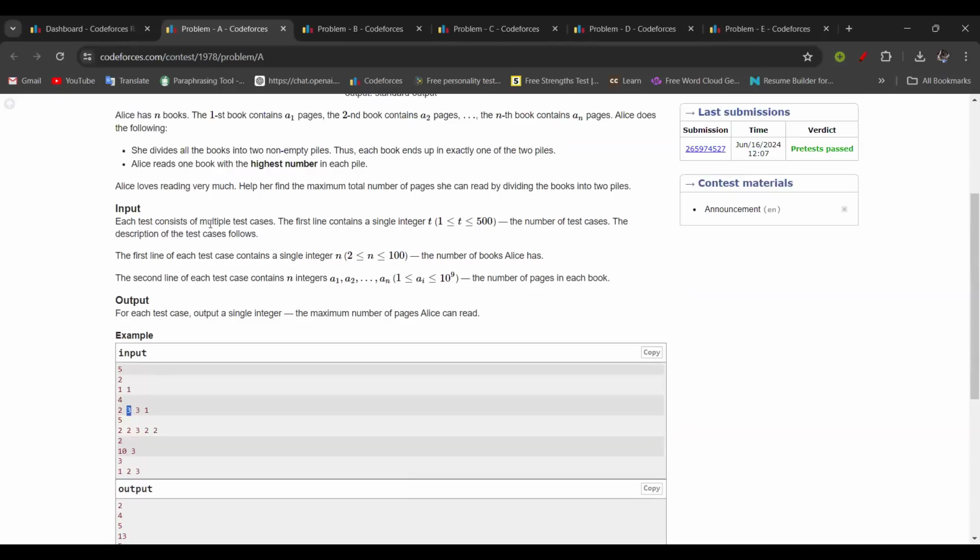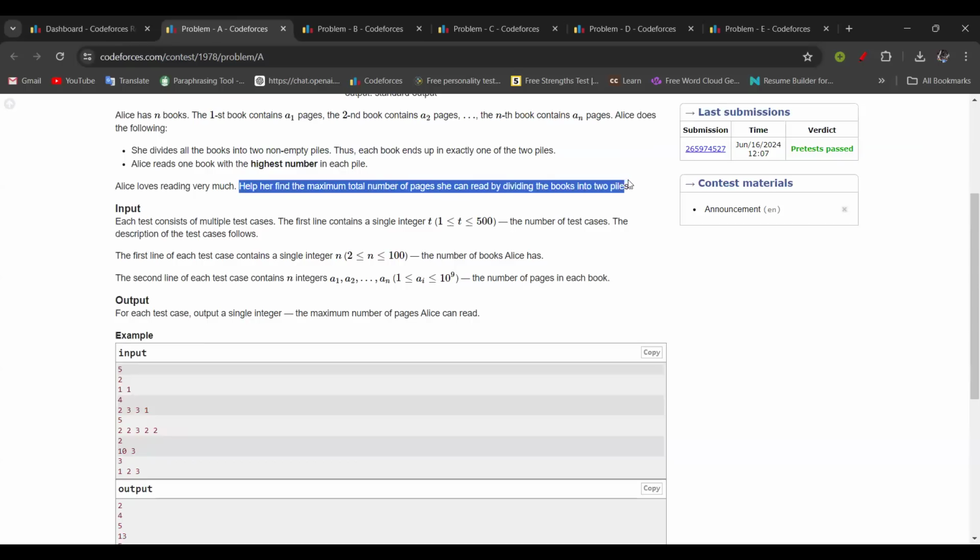Every book would go either into the first pile or the second pile, and then she would look into the first pile and the second pile. From both the piles, she would select the book with the highest number and she would read that book.